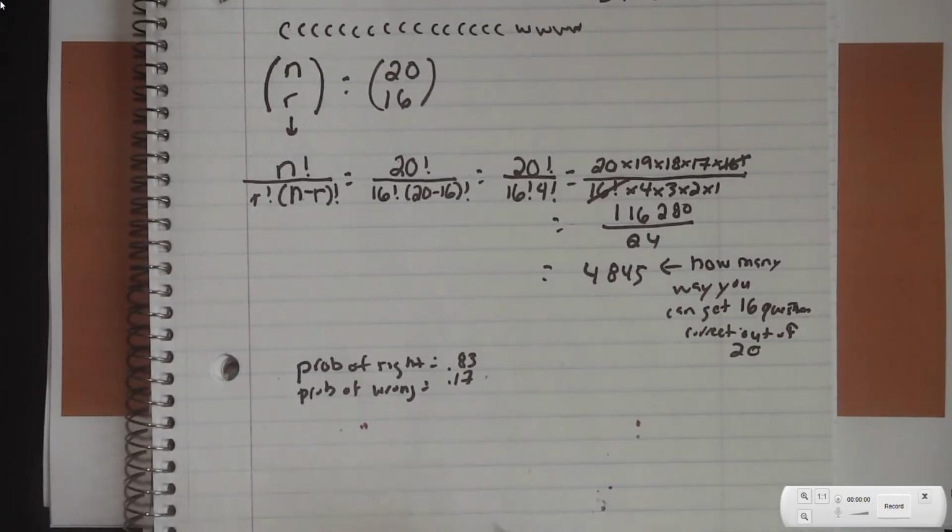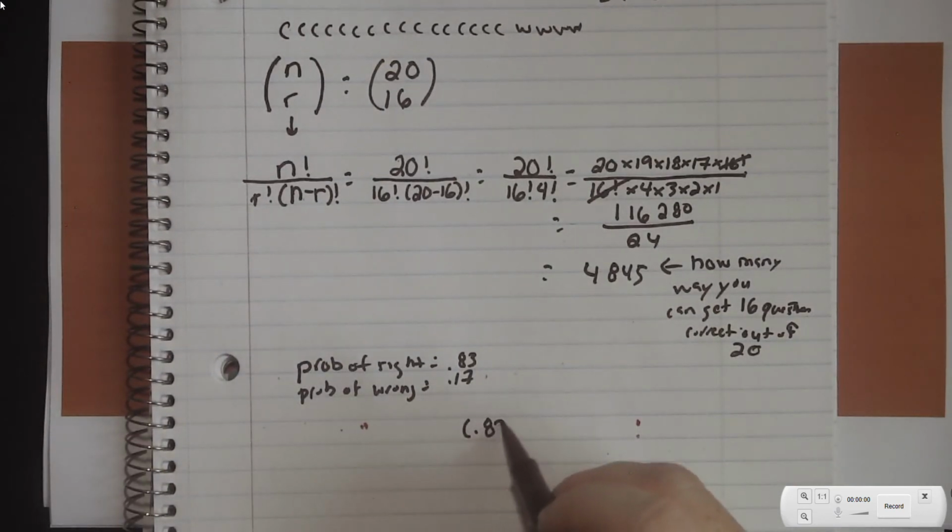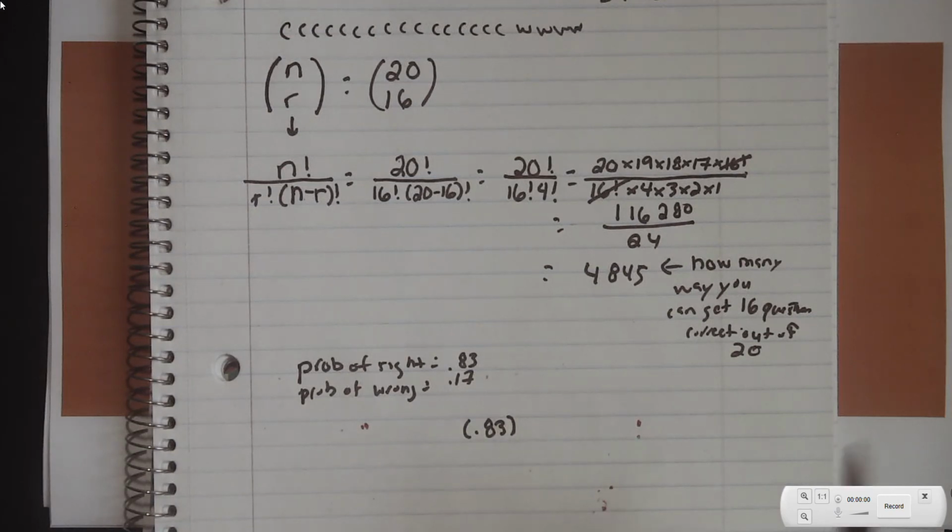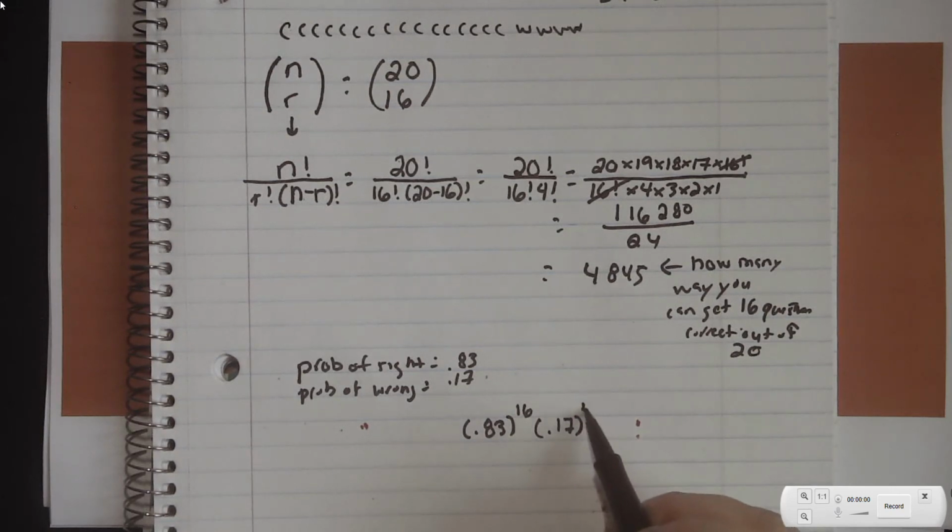So I get 0.83, and I'm going to get 16 questions correct, so I'm going to take it to the 16th power. And then I'm going to have 0.17 for wrong, and if I get 16 questions correct, I'm going to get 4 questions wrong because it's a 20-question test, 16 and 4.